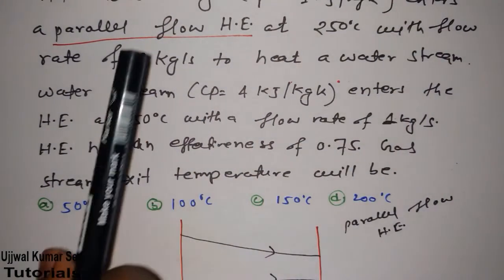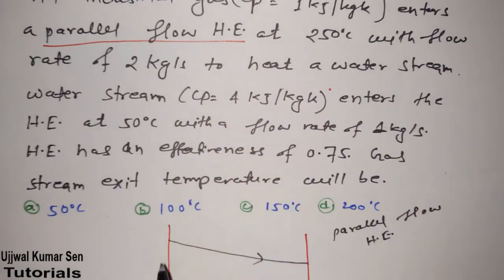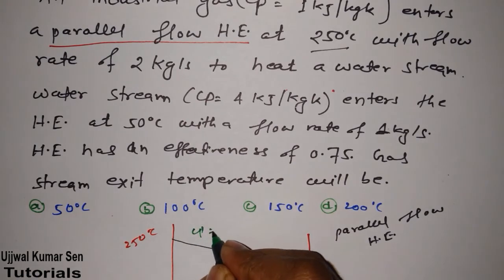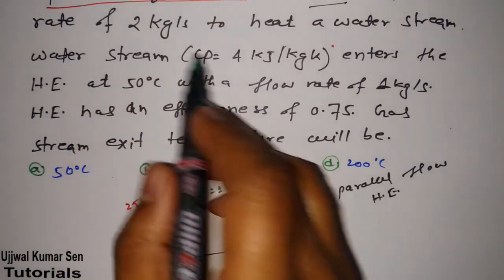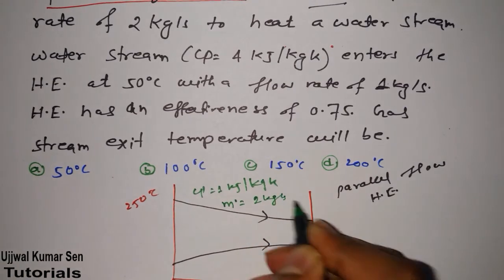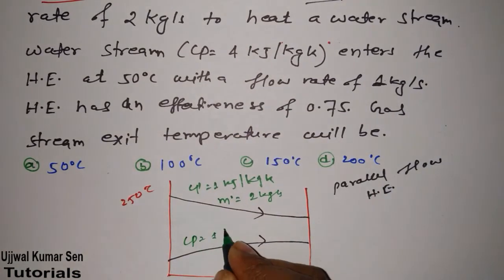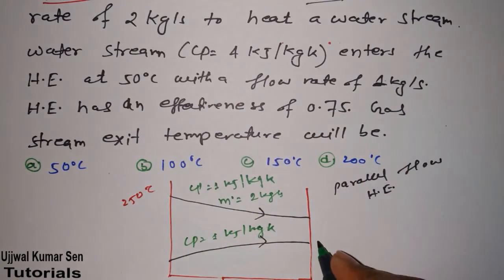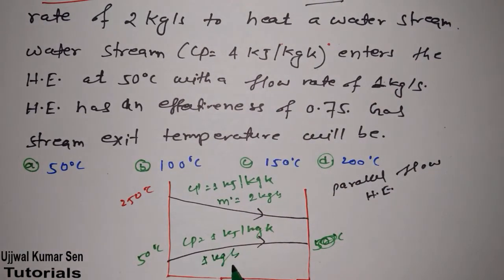Industrial gas with Cp equal to 1 kilojoule per kg Kelvin enters at 250 degrees centigrade, with mass flow rate equal to 2 kg per second, to heat a water stream with Cp equal to 4 kilojoule per kg Kelvin, which enters at 50 degrees centigrade, at a flow rate of 1 kg per second.